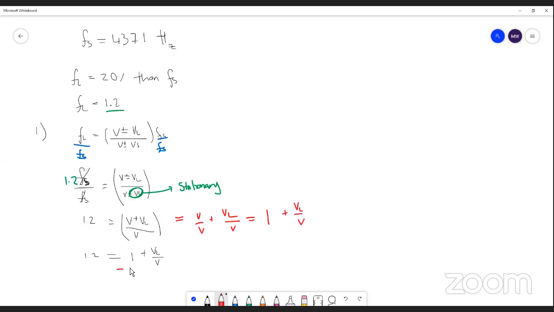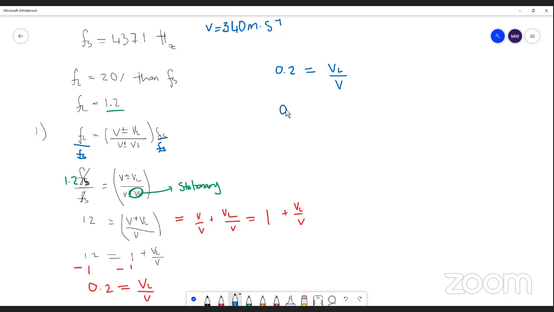Okay, then I can subtract 1 from both sides, and you have 0.2 is equal to VL over V. Yeah, I'm just going to take it up to the top here. And then we know that V is always equal to 340, or they even said it in the question. So we can substitute that in there.